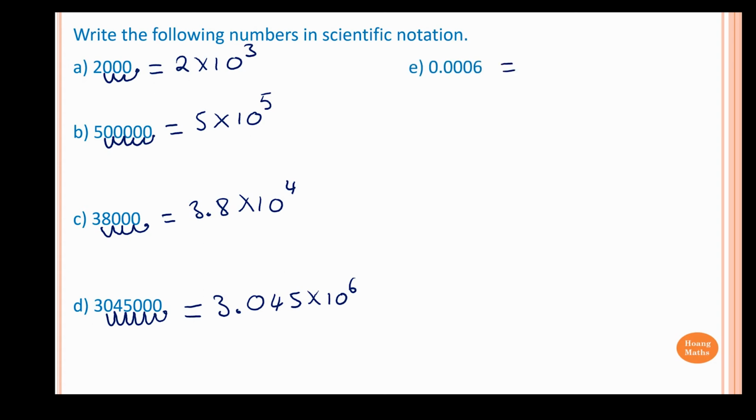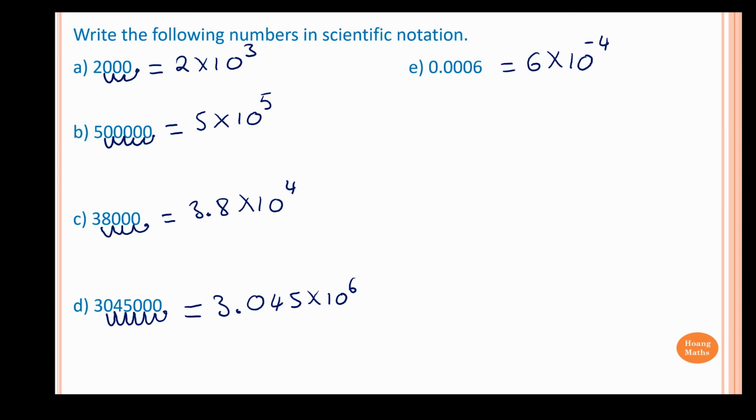0.006. Now, this decimal point here, we move to the right. So which is 1, 2, 3, 4, which is 6 times 10 to the 4. But because the decimal moved to the right, that is minus index. Otherwise, just remember this: a number less than 1, because 0.006 is less than 1, will have a negative index.